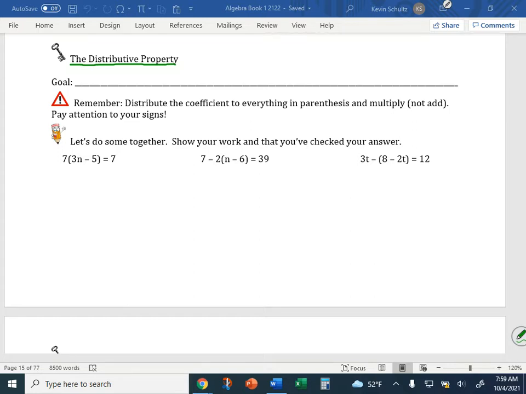So the distributive property, the goal is to undo parentheses, right? Like we talked about with the order of operations, parentheses aren't an operation, so there's no opposite to parentheses. So to undo them or to get rid of them, we have the distributive property. And like Crinkle said, it means to give to all, right?